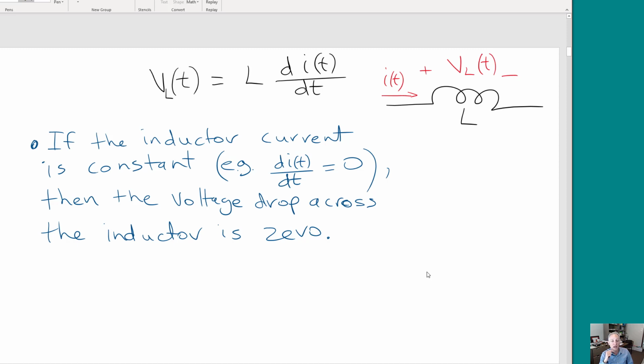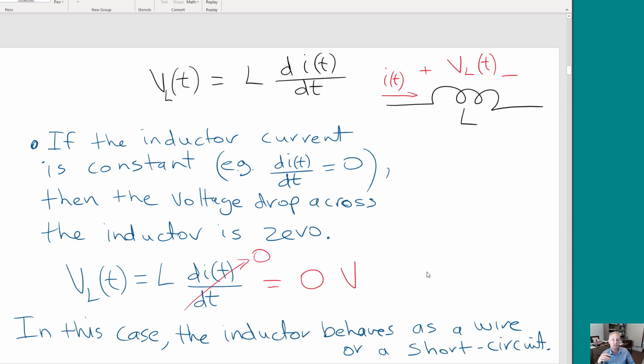So then what happens? The voltage across the inductor is going to drop to 0, okay? So then where do we see that? We have V = L di/dt, and if di/dt is equal to 0, well, that whole expression goes to 0. So in this case, the inductor behaves as a wire, or equivalently as a short circuit, okay?